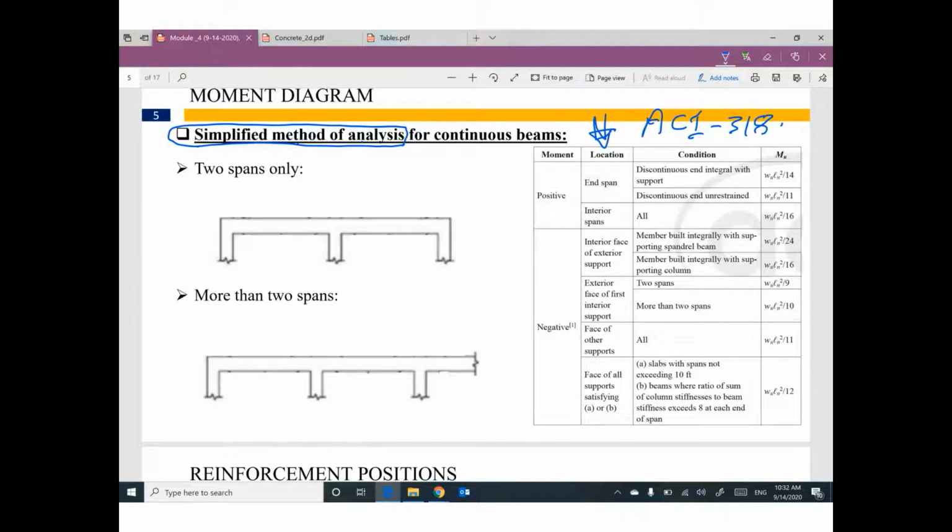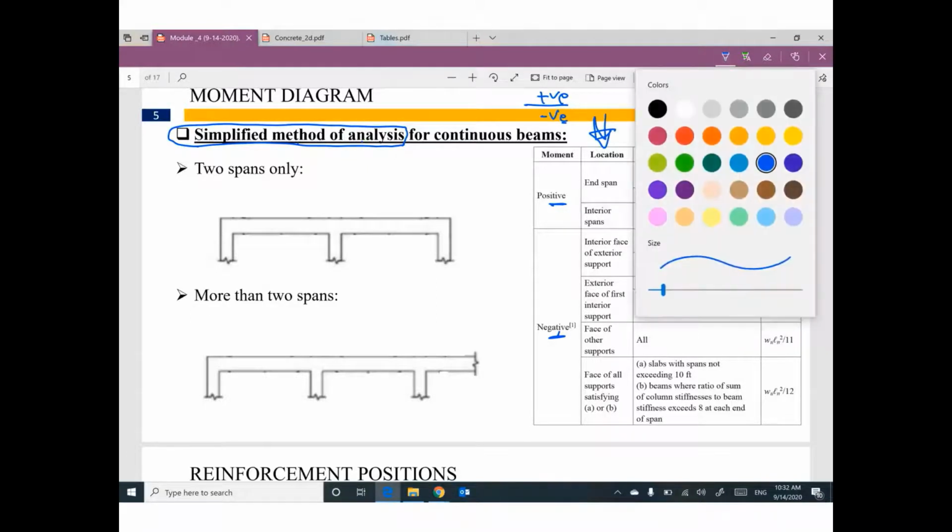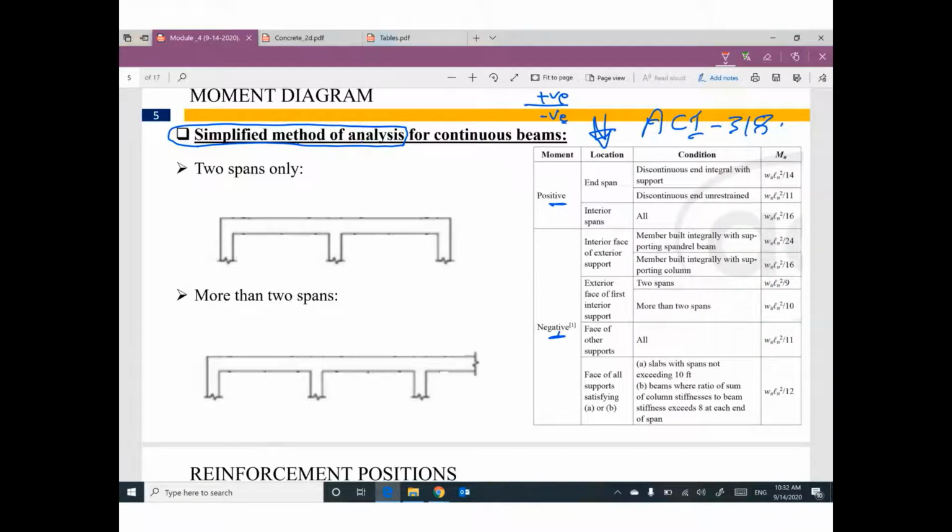We have positive moment and we have negative moment. You remember, positive moment at the top, negative moment at the bottom. So if you have 2 spans, we have negative moment here. We have positive, negative, and positive, and we have negative.